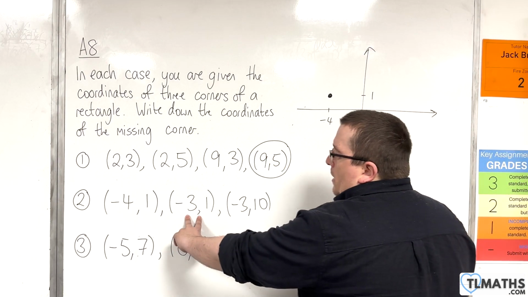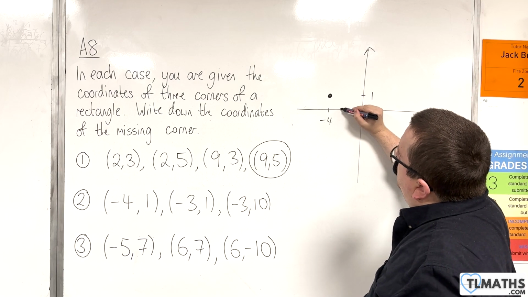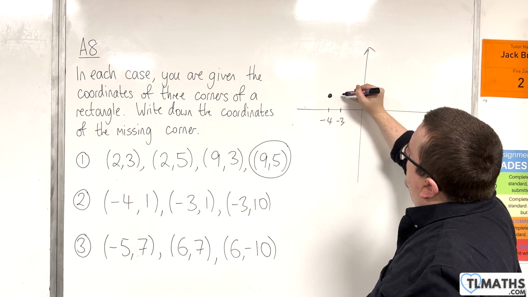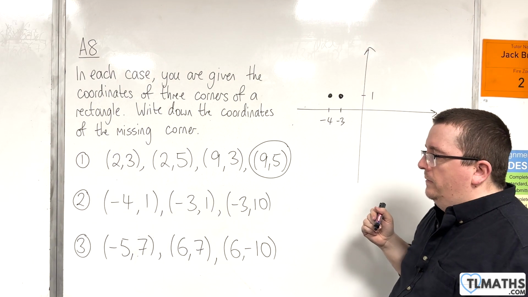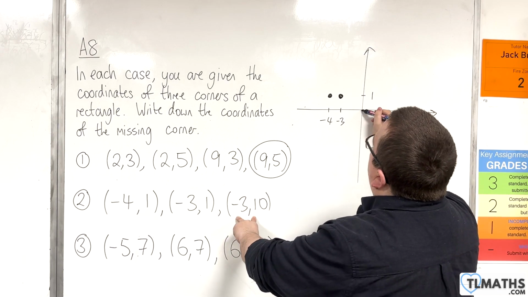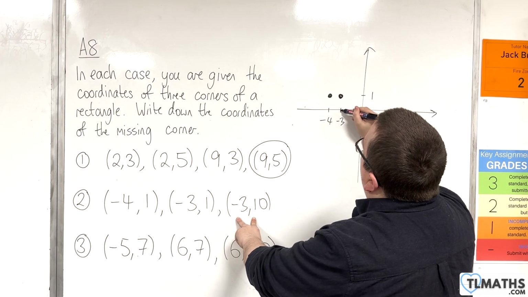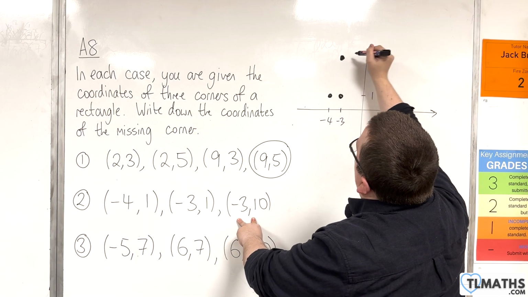Right, then we've got minus 3, 1. So not so far along the corridor. 1 up the stairs. So there we go. There's minus 3, 1. Then we've got minus 3, 10. So 3 along the corridor and then 10 up the stairs. So it's going to be somewhere up here, isn't it? So there's 10.